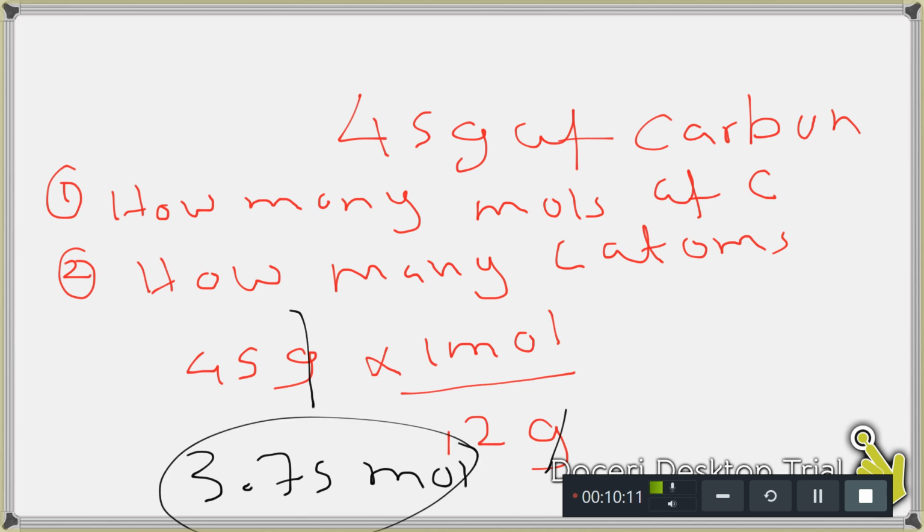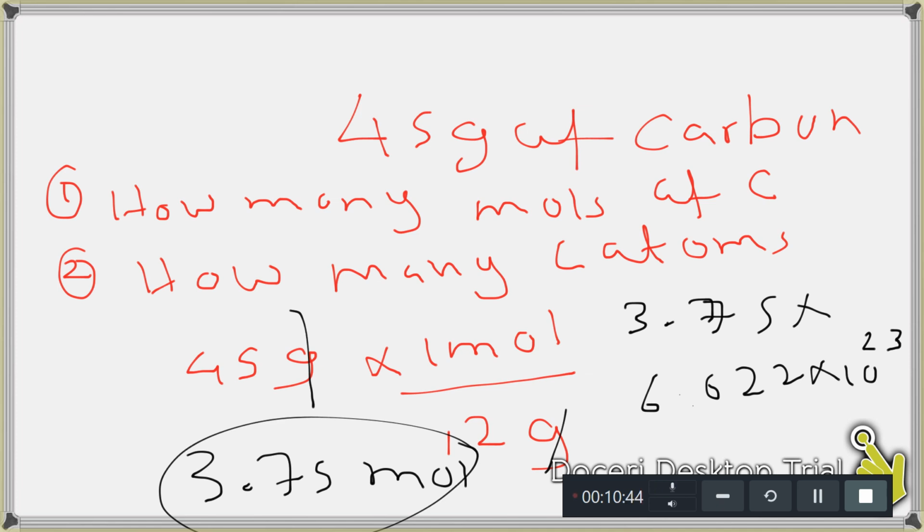How many carbon atoms? I know one mole is 6.022 into 10 to the power 23. But now I have 3.75, so I multiply 3.75 by 6.022 into 10 to the power 23. For this type of multiplication, I don't plug the 10 to the power 23 into my calculator.